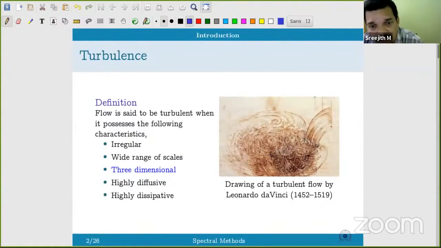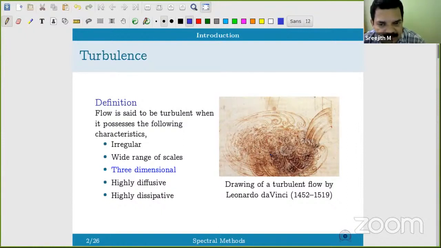As an introduction, let us start with turbulence. Turbulence is a chaotic flow of fluid particles. Some characteristics of turbulent flow: it is irregular, there is a wide range of scales, with different sizes of eddies, it is three-dimensional, and it is highly diffusive and dissipative.